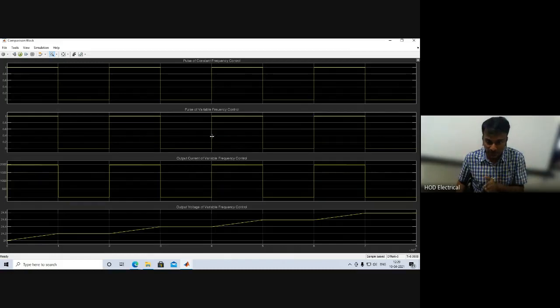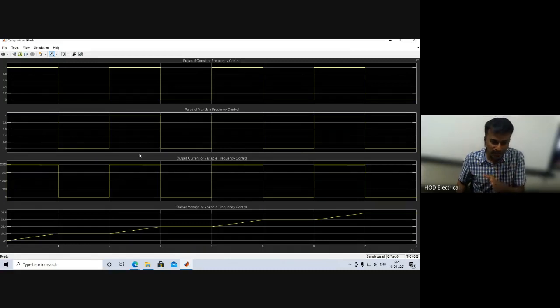Increasing the switching time reduces the frequency. So instead of one cycle being this much, I am going to increase one cycle up to 0.004. That means the switching frequency in our case is 1 divided by 0.004, previously 1 divided by 0.002.